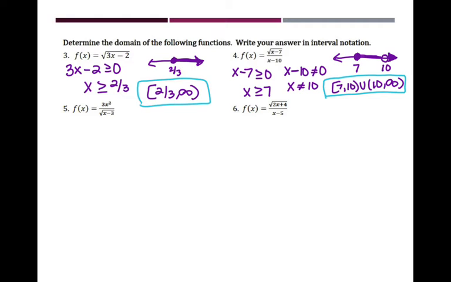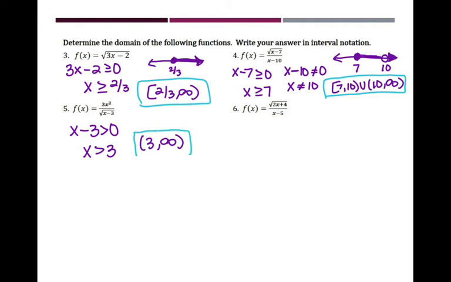Okay. Number 5. For number 5, I'm going to worry about this denominator. Again, your denominator cannot be 0, but also since you have a radical, underneath the radical has to be positive. Since this can't be 0, what's underneath my radical is going to be greater than 0 instead of greater than or equal to. So this becomes x is greater than 3, which as an interval goes from 3 to infinity.